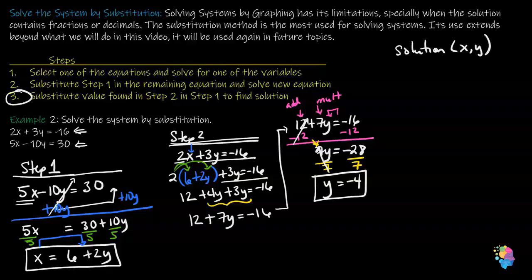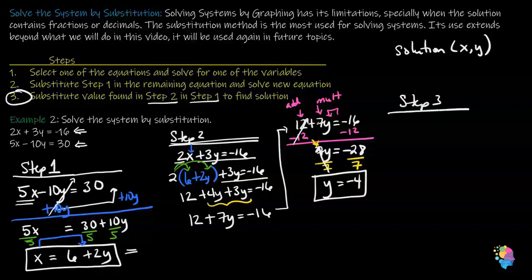It says that I replace or substitute what I found in step 2 into step 1. So then step 3, I bring the equation from step 1, this one here, x is equal to 6 plus 2y, and then I replace the y with a negative 4. So let's do that.